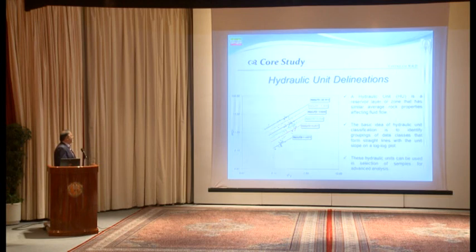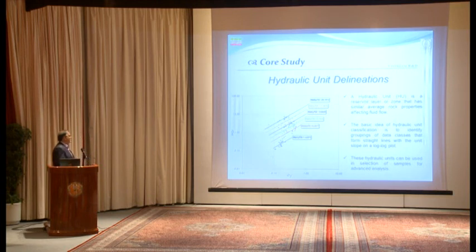Different methods exist for this correlation, but hydraulic unit delineation is the one introduced by Amaefule et al. It allows us to classify the rock samples into different hydraulic units. Each hydraulic unit has a flow zone indicator, FZI.